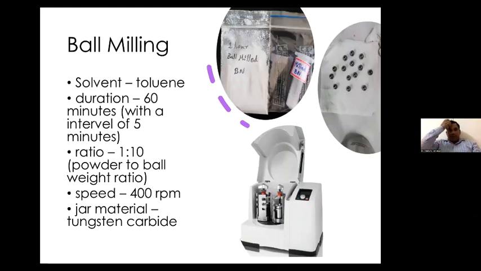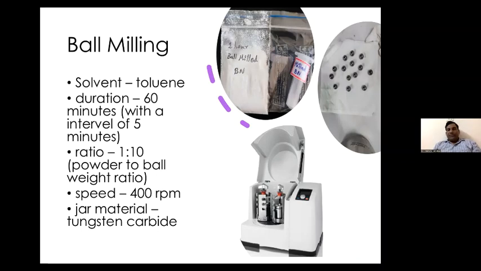In ball milling, we used the solvent toluene and ran for 60 minutes. We were not able to run the system continuously, so we worked on a 5-minute interval and continued for 1 hour.